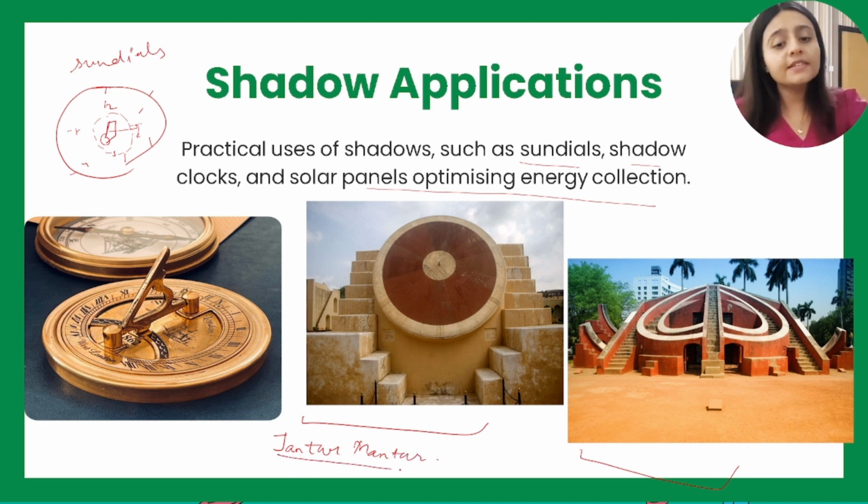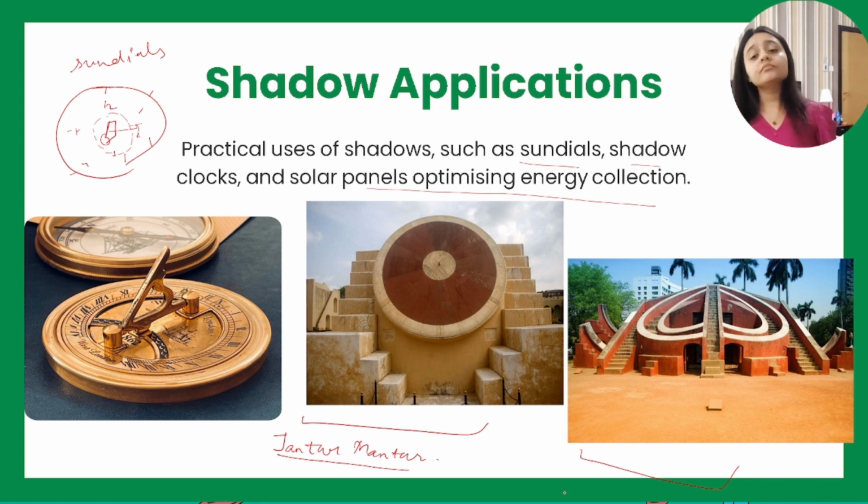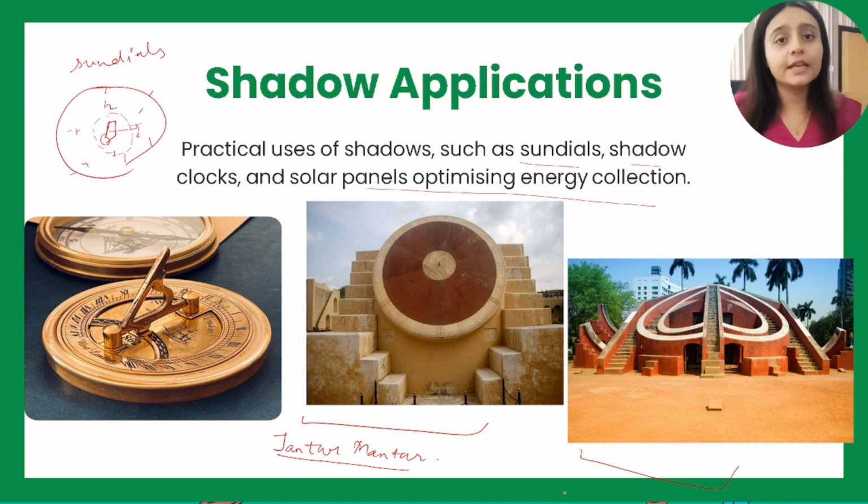This place is known as Jantar Mantar, built by Maharaja Jai Singh. So it's a kind of shadow application for the people in India, an initiative started by Maharaja Jai Singh. Okay, so these are some applications of shadows. Only this much is in your NCERT. So we will now proceed with the next part of this chapter in the next video.